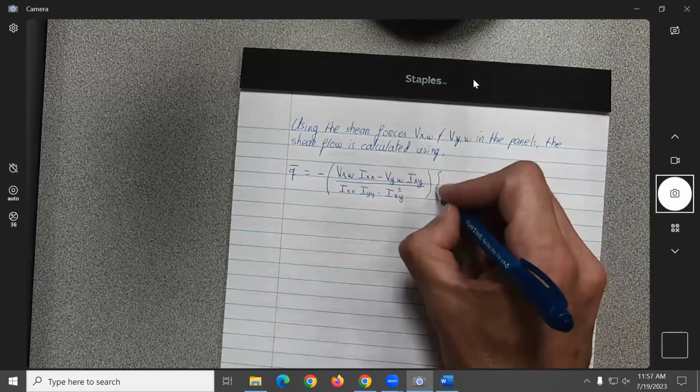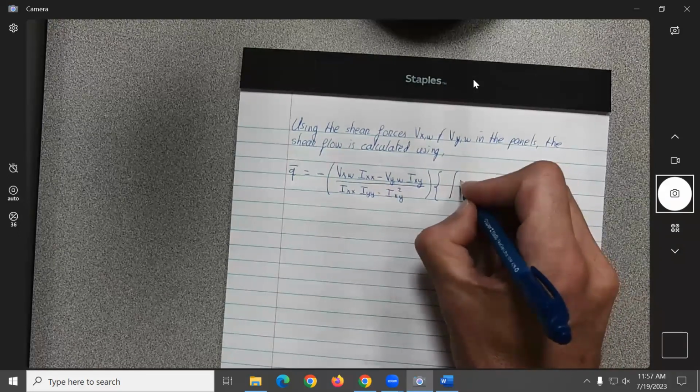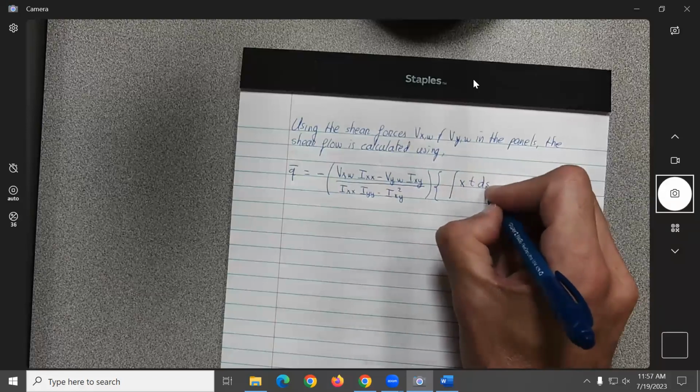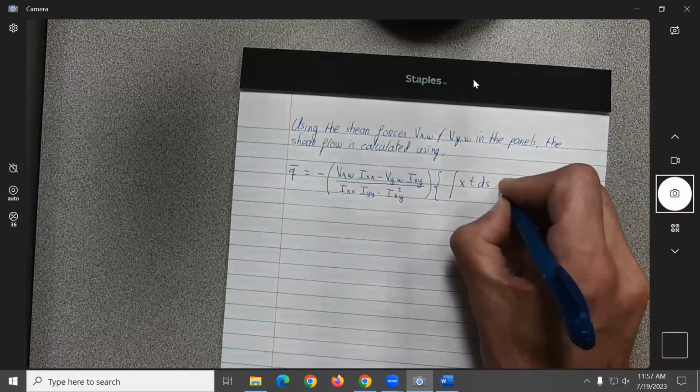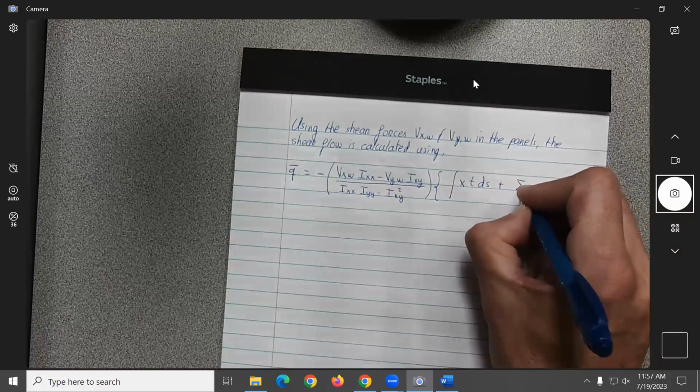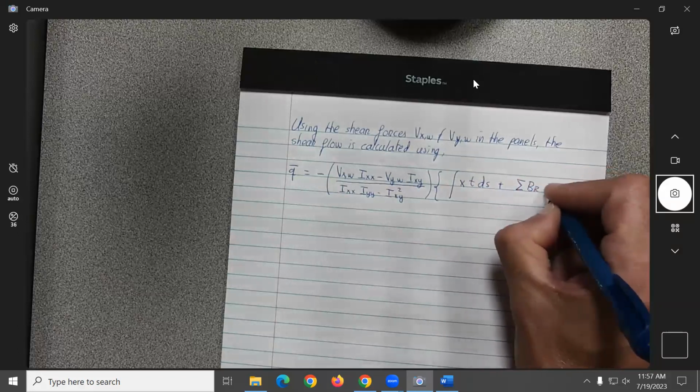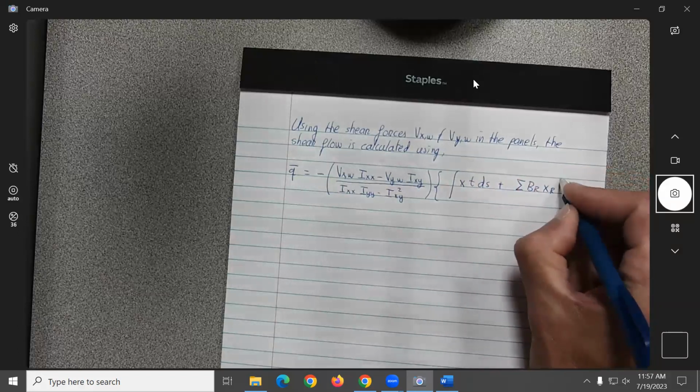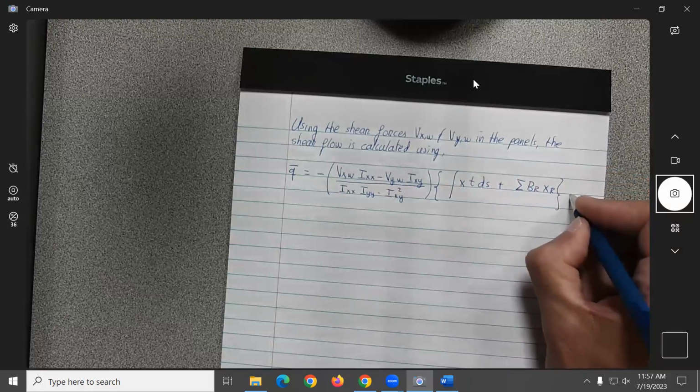This should be times x t ds plus the summation of the b sub r x sub r.